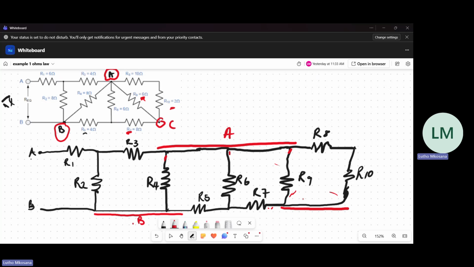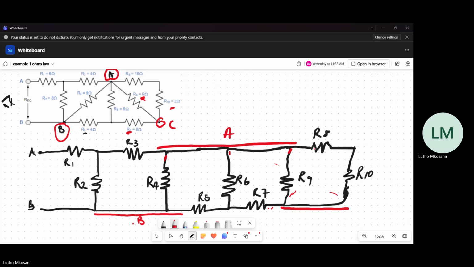Now, at least when we draw it like this, we can analyze the circuit a bit better, in the sense that we can calculate the total resistance and make a small equivalent circuit of it.